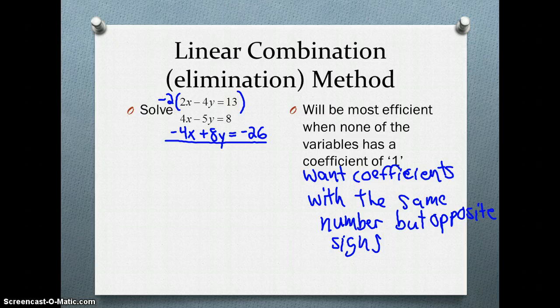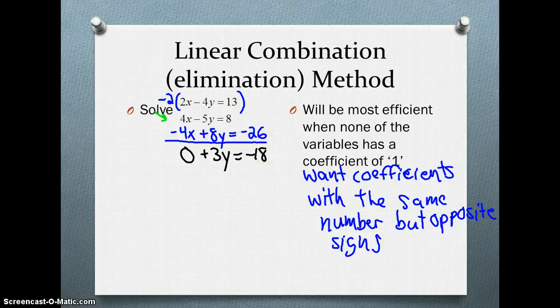So what we have here, now if we look here at the coefficient of x, we have a positive 4 and a negative 4. Now what we do is we just simply combine these like terms. 4x and negative 4x is 0. Negative 5y and positive 8y is plus 3y. 8 and negative 26 is negative 18.